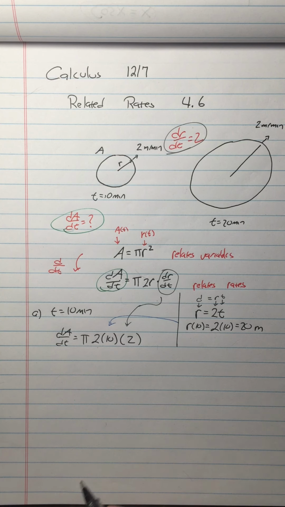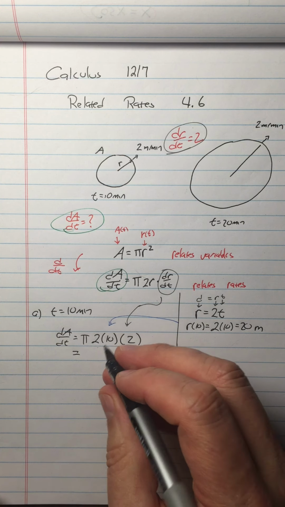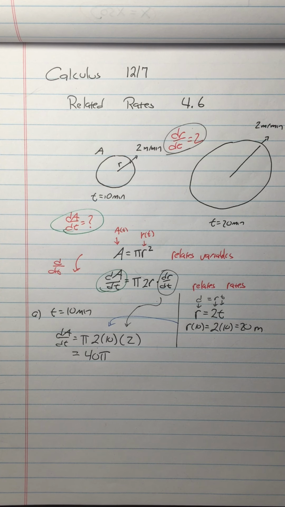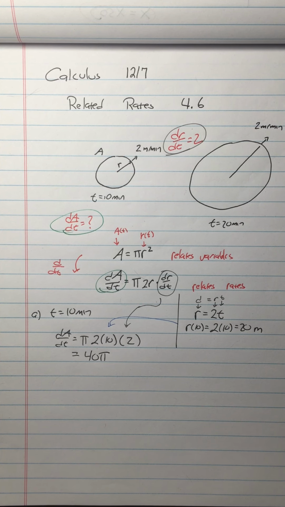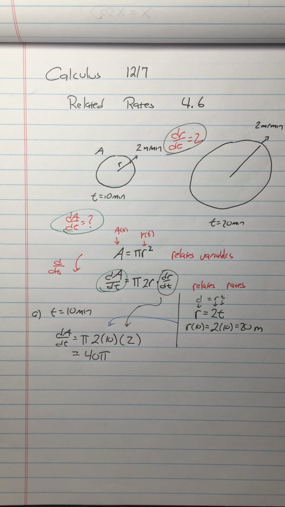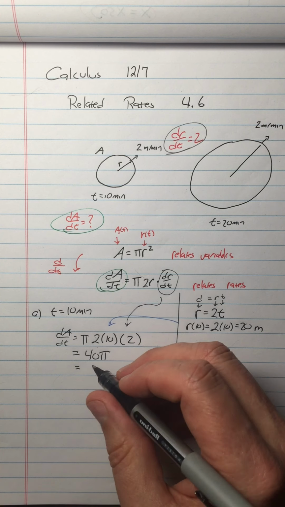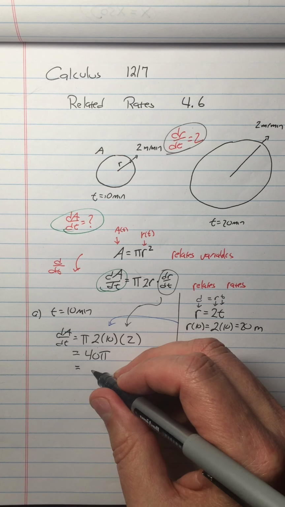All right, so that equals 40 pi. And that's a number that would not be very useful to the fire management people who are concerned about the expansion of the fire. So maybe we'll help them out by doing 40 times pi on our calculator. We could of course estimate it's going to be 120, but it's actually 125.664.